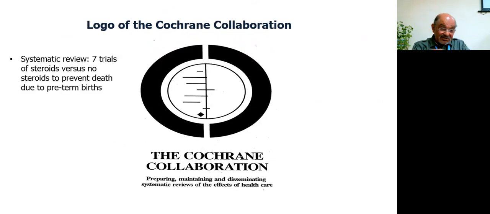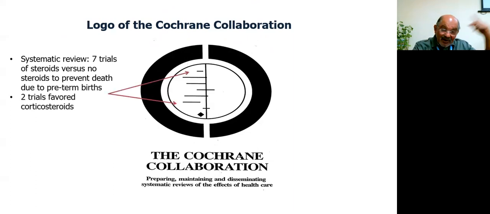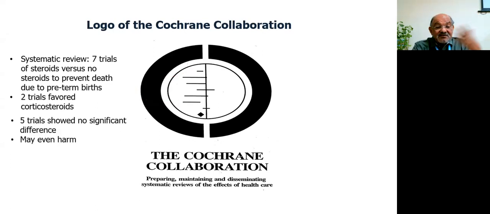They had 7 trials because they were systematic in their search of steroids versus no steroids to prevent death. And 2 trials, apart from Liggins, there was one more which favored steroids. And 5 trials, not sure, may even harm. So now we've got 2 trials versus 5 trials. Which would you give or don't give? 2 trials saying it works, 5 trials saying it doesn't work. Give or don't give?